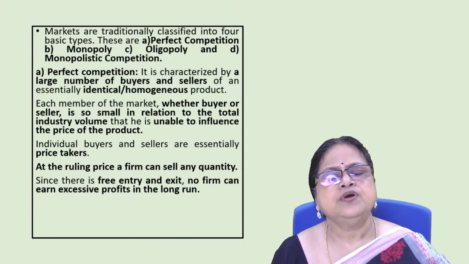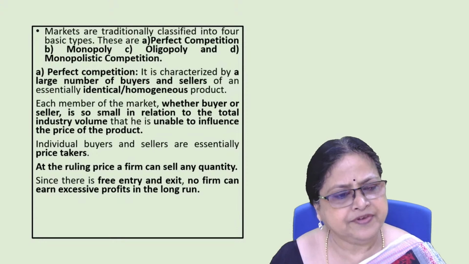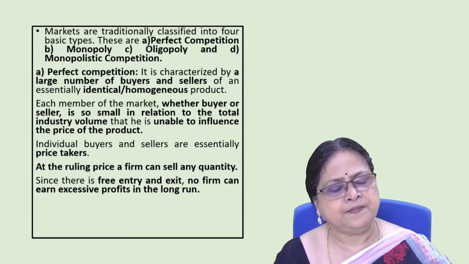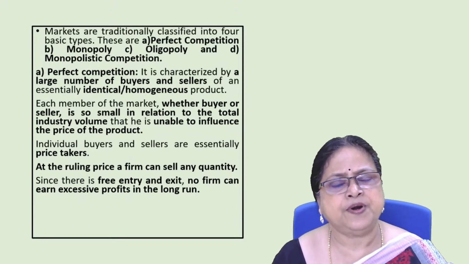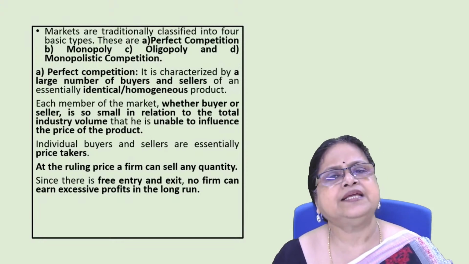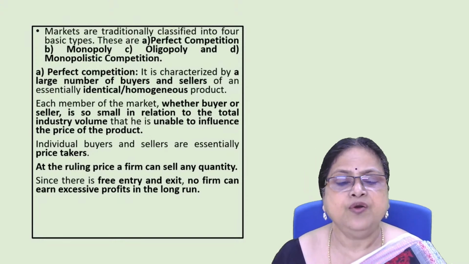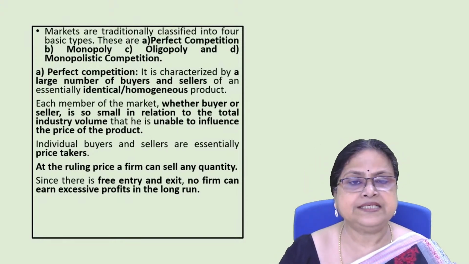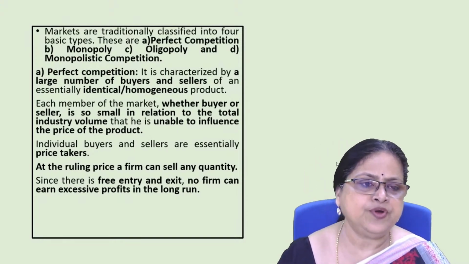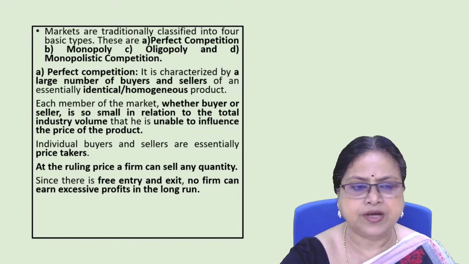They have to buy the product at the prevailing price, and the firms have to sell the product at the prevailing price, and they can sell any quantity. Since there is free entry and exit, no firm can earn excessive profits in the long run. Okay, so this is perfect competition, one extreme.